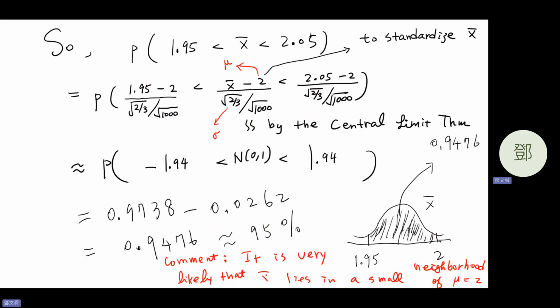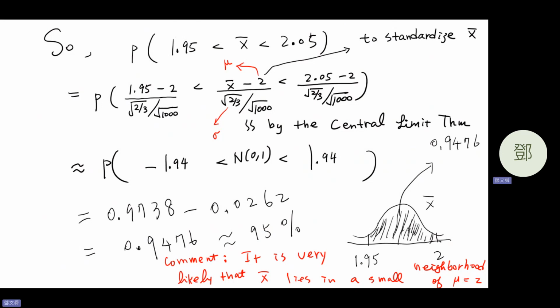So it is very likely that X bar lies in a small neighborhood of mu. Sorry, this is 2.05. Here it is 2.05.